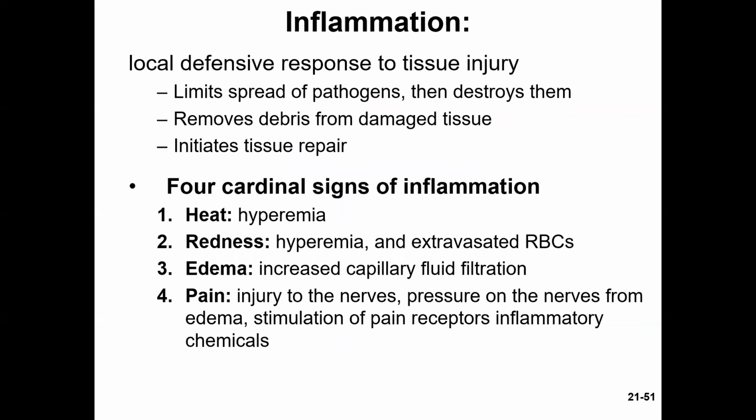Okay, inflammation. This is a local defensive response to tissue injury. It limits the spread of pathogen, then destroys them. It removes debris from damaged tissue and initiates tissue repair.